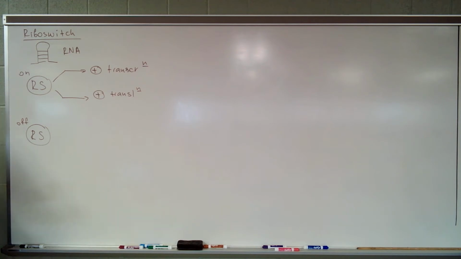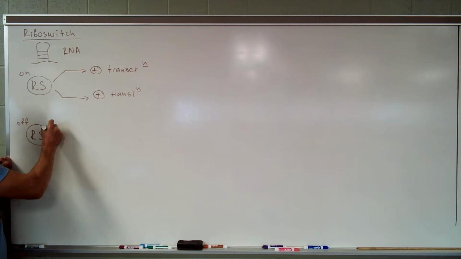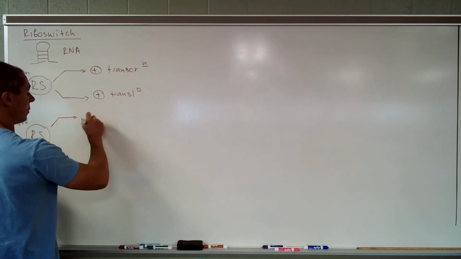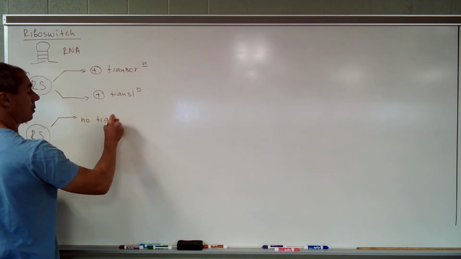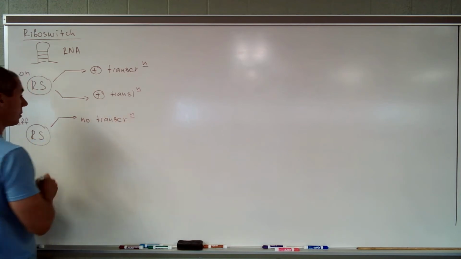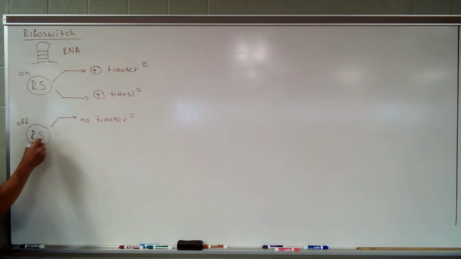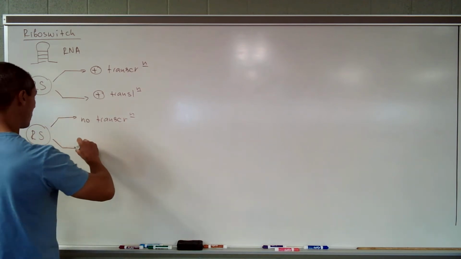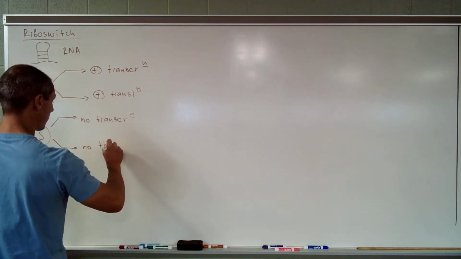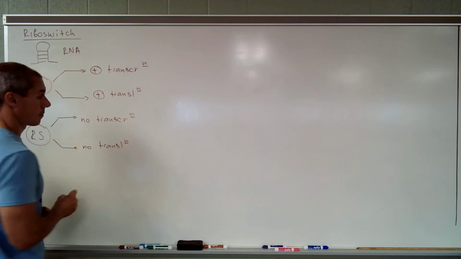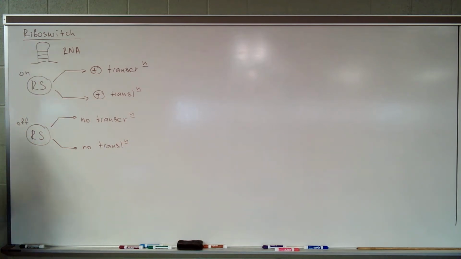And if previously the riboswitch allowed transcription to proceed, now transcription stops. If previously it allowed translation to proceed, translation stops. That's it. That's like a light switch.